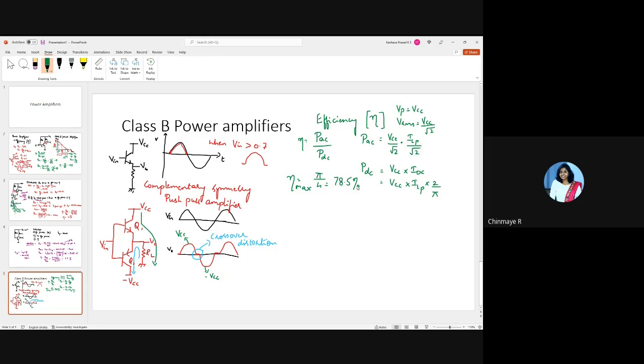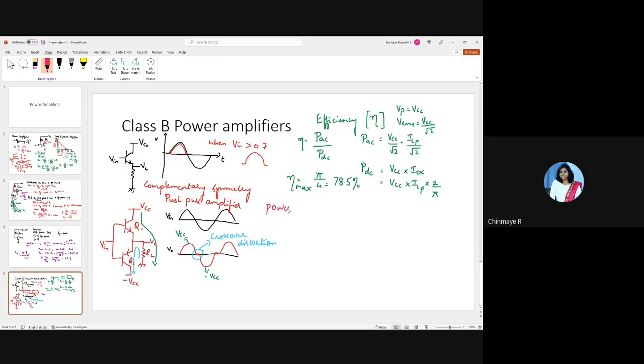Where do you think the rest of the power will go? They are dissipated in the transistors, right? There are 2 transistors and there is power dissipation in the transistors. So how much of power is lost in the transistors? Whatever is not converted is lost.